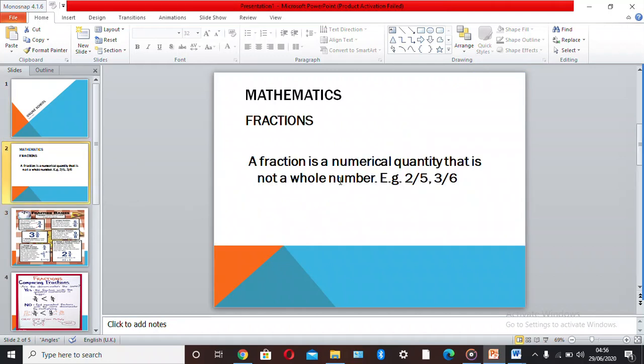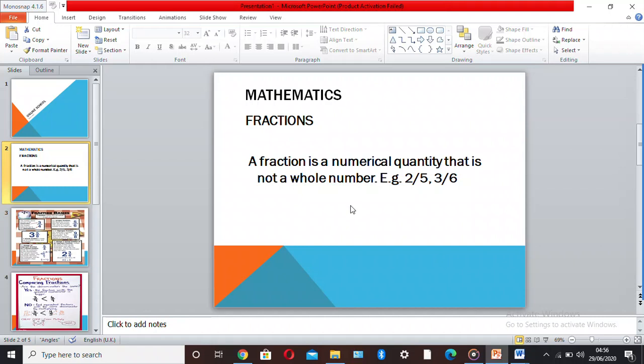A fraction is a numerical quantity that is not a whole number. So that means a fraction is not a complete number, unlike 1, 2, 3, 5, 7, 8, 9, 10, which are whole numbers.